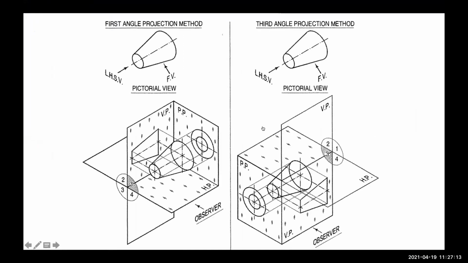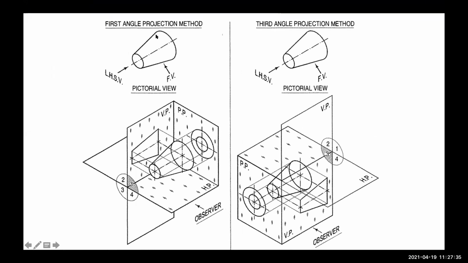Now again coming back to our slides, here you can see a frustum of a cone. Frustum of a cone means the top portion of the cone is cut out, so that you can see two circular faces, one on this side and one that will be your base.